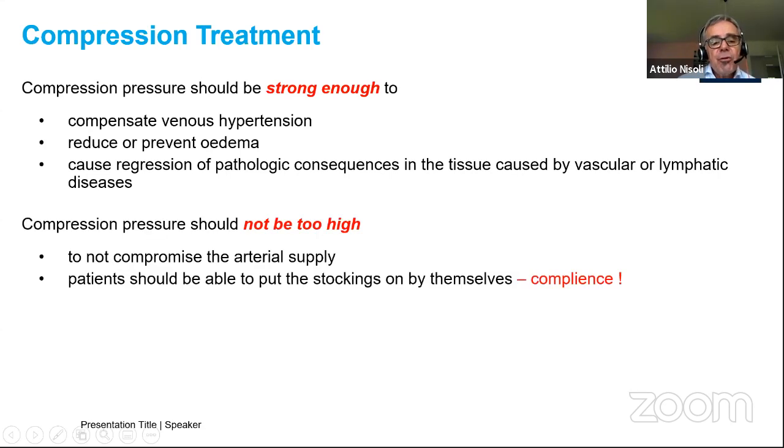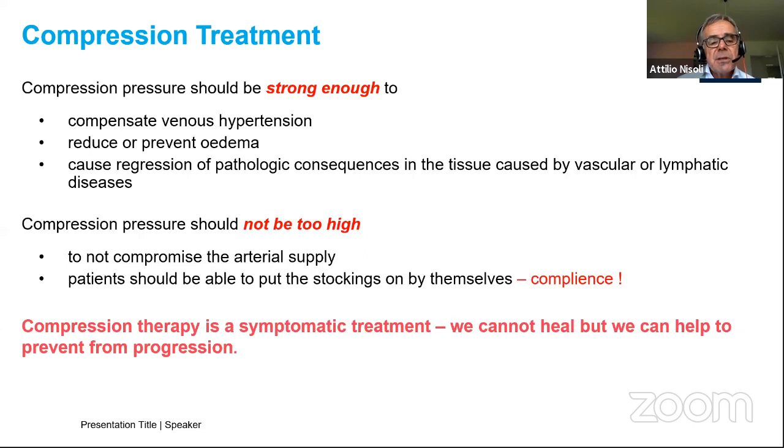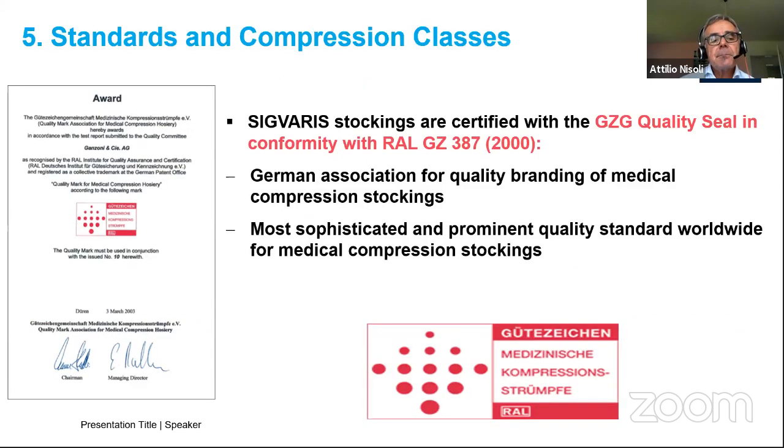But compression pressure should not be too high to not compromise the arterial supply. Patients should be able to put the stockings on by themselves. It leads to a better compliance. And of course, it's a symptomatic treatment. We never will say we can heal. This would be just silly. No, it's, as I said, a concomitant way of treatment to prevent maybe from progression.